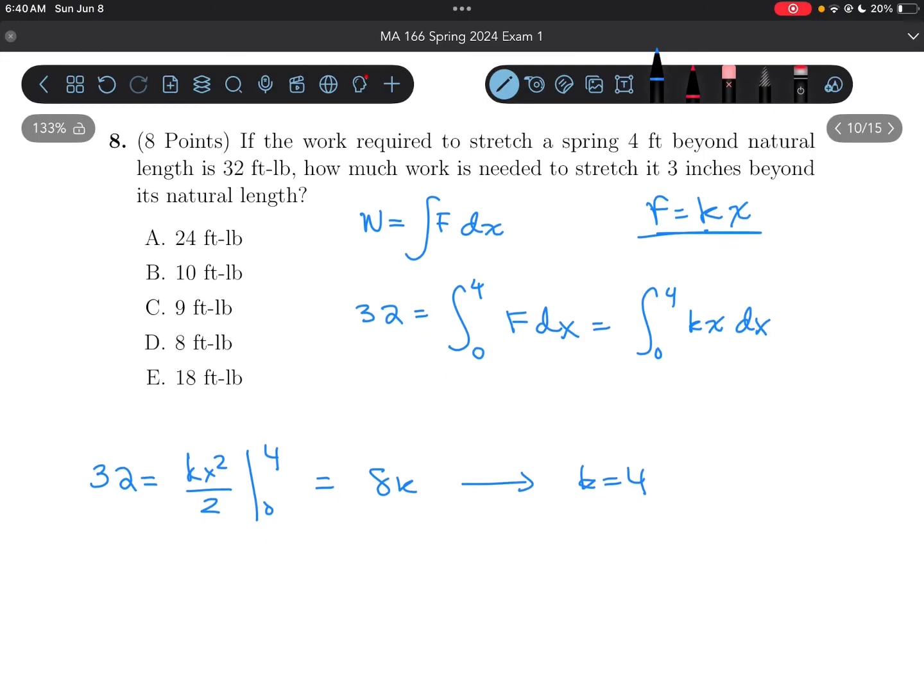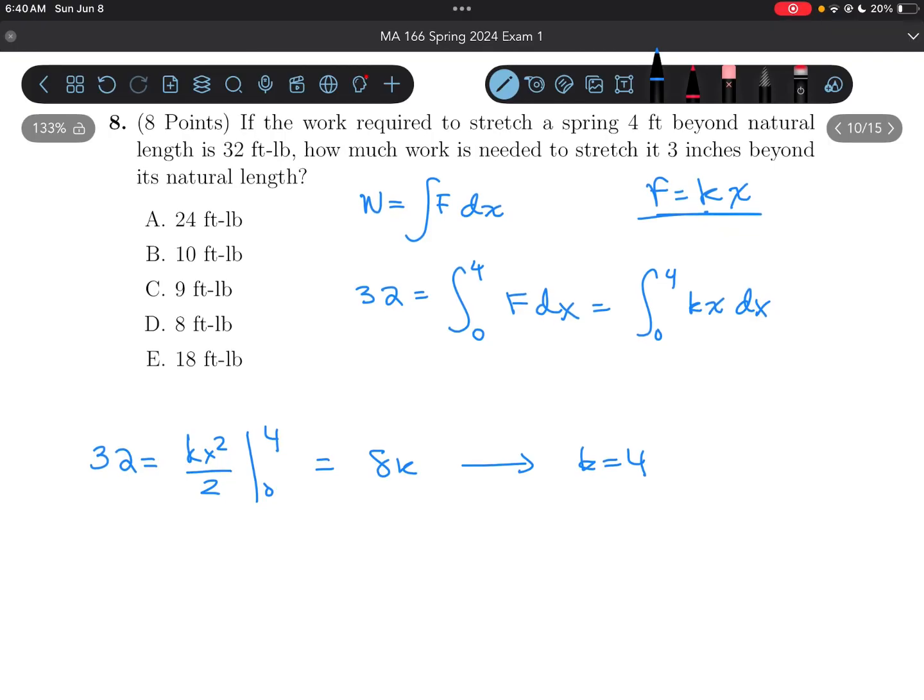Okay, so now we're going to do the same thing. We're going to use these two equations to solve for work again.